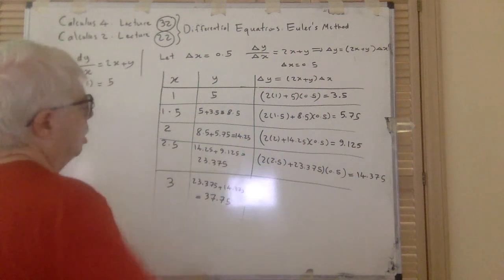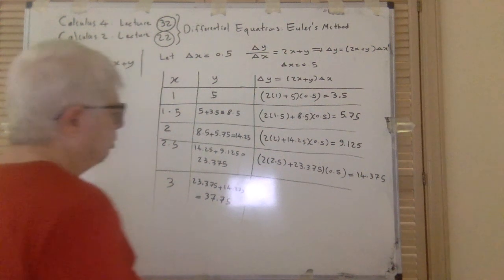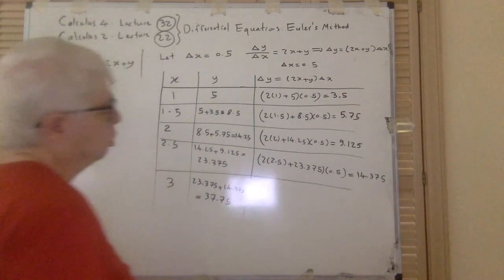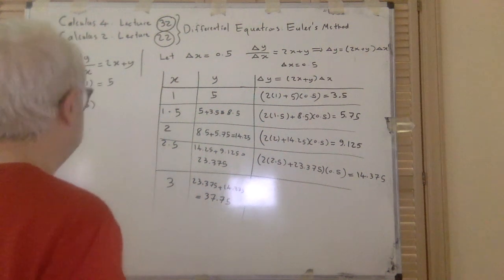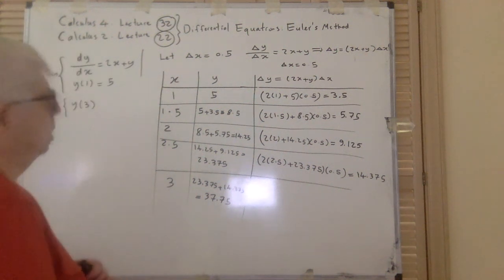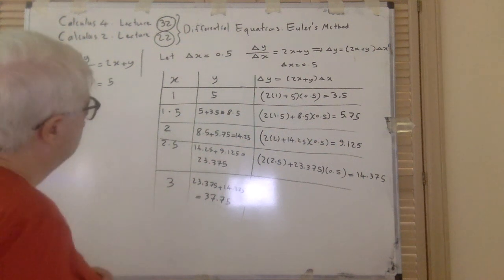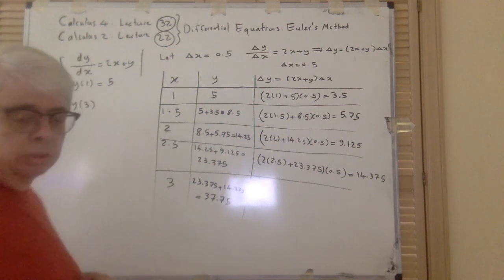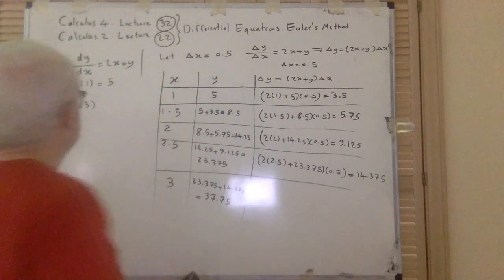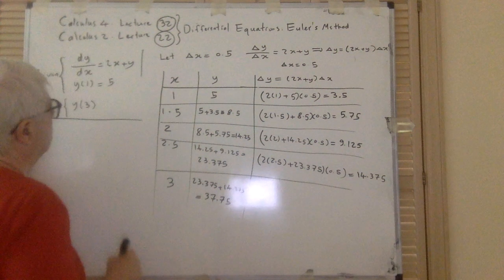So let me look at this one. I have 23.375. Then this will be 5. No, I think this is okay. So that is Euler's method, finding an approximate value for, say, the solution of the function. So let's see what we can do if we solve it.